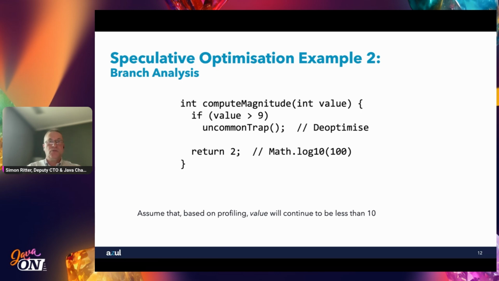If it is, uncommonTrap is calling down to the compiler and saying, this code is now invalid, we must throw it away, and we must go back to the code that we had for the full method that we saw on the previous slide.